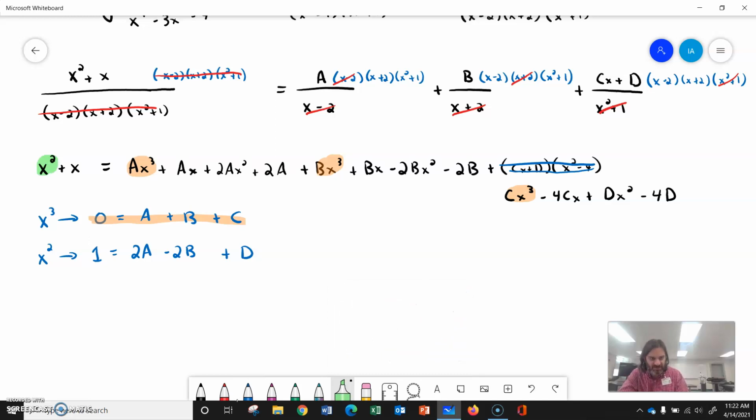X squared, so we haven't found anything yet, but we're working. Next we have just the x's. So there's one of those. So then there's A plus B minus 4C.